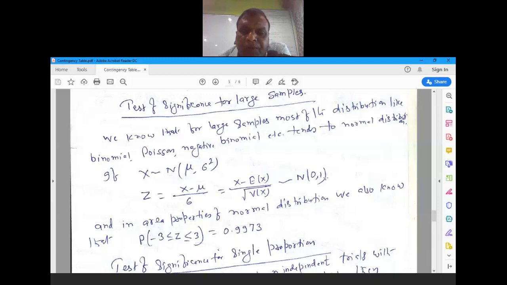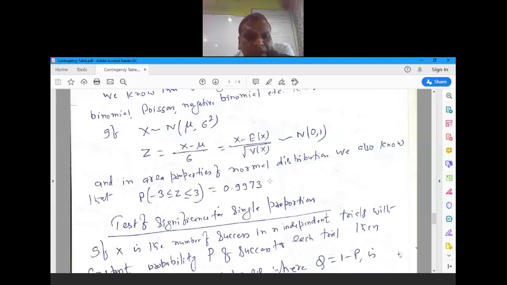And in the area property of the normal probability curve, we have also discussed the area that lies between minus 3 and plus 3. That is, the probability of minus 3 less than or equal to z less than or equal to 3 is equal to 0.9973.